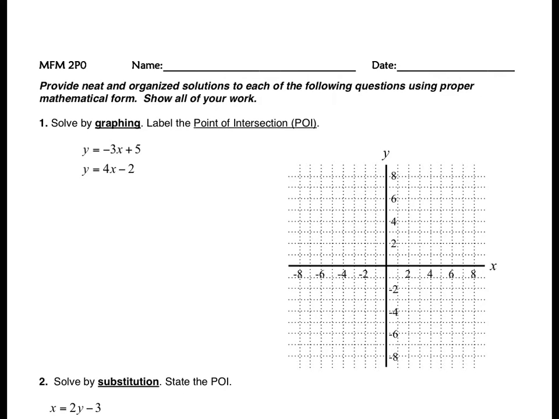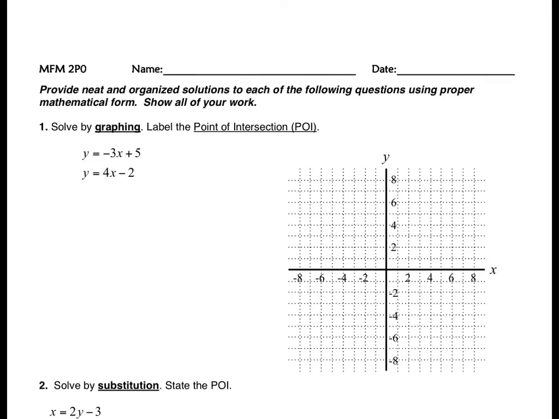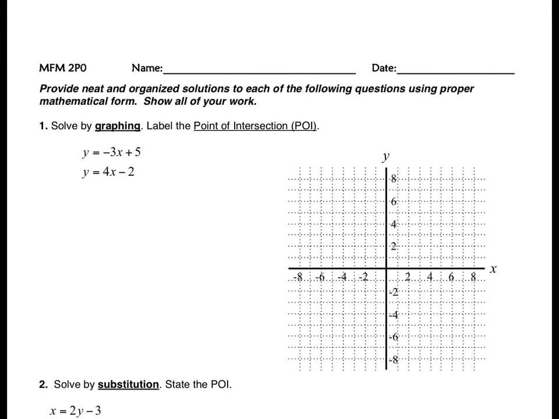So for the first equation, I'm going to have a table of values like the following. When x is 0 and when x is 1. When x is 0, for the first equation, y is equal to negative 3 times 0 plus 5, which is going to be 0 plus 5, which is 5.